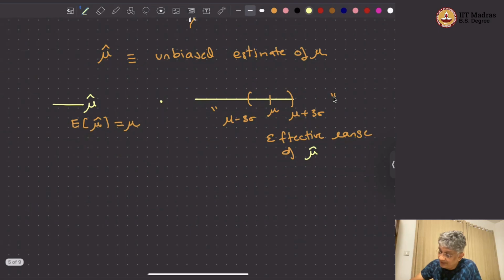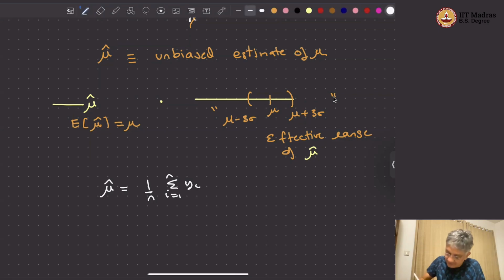I'll do the first few steps, and you can go and check it yourself. Let's say mu hat is equal to 1 over n times the sum from i equal to 1 to n of yi. Let's see what's the variance of mu hat.